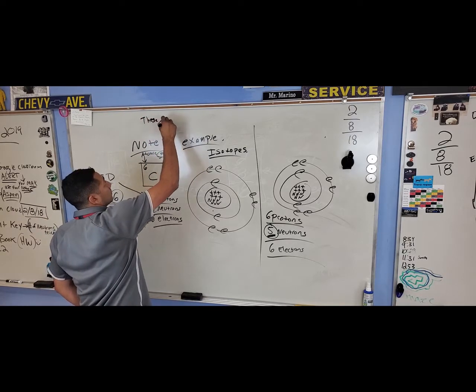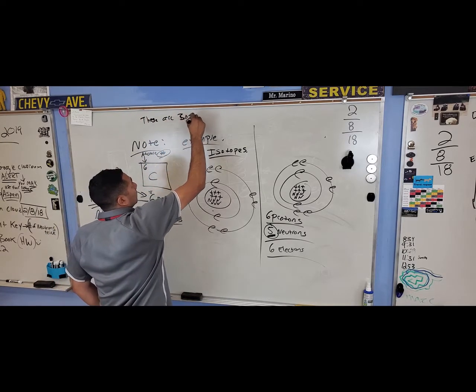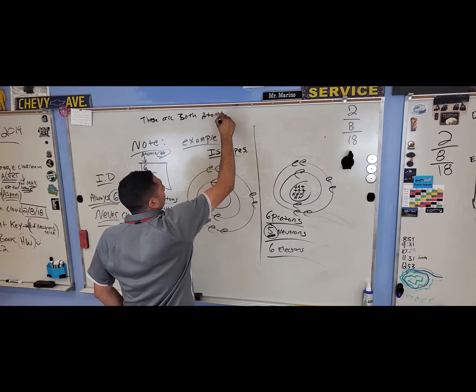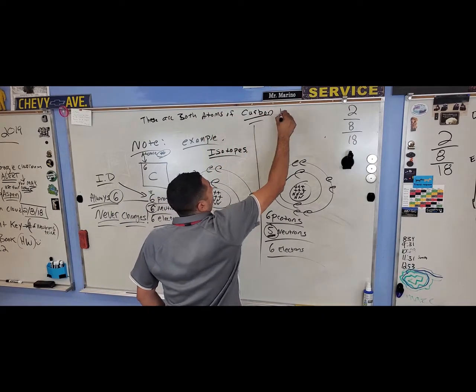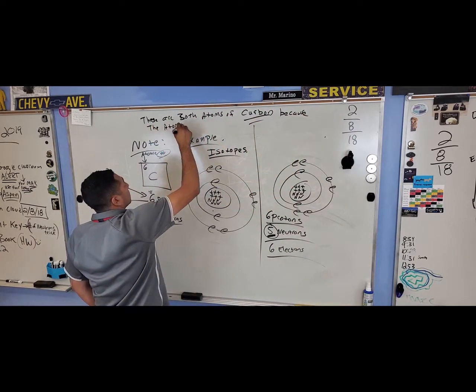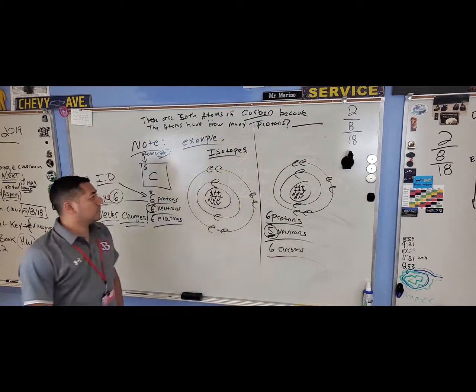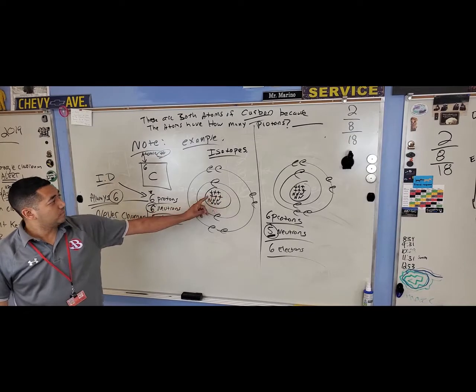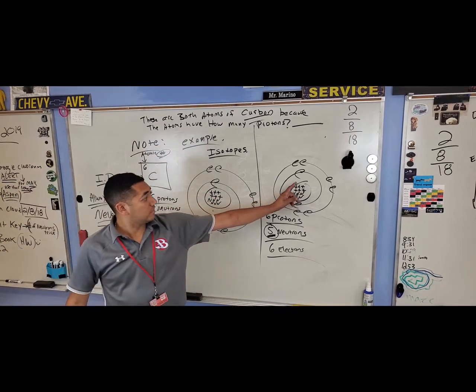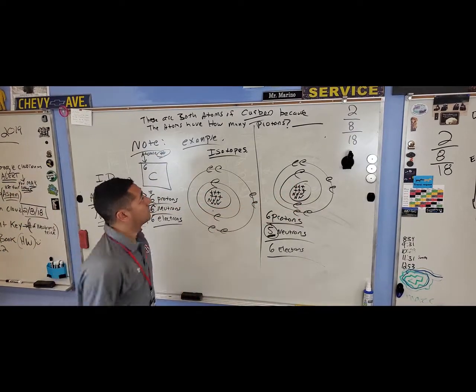So as you can see, if you have 2 atoms of the same element, they can be slightly different. They're called isotopes. These are 2 isotopes of carbon. And so as a quick note, we're going to write down they're both atoms of carbon because they have 6 protons. Okay?